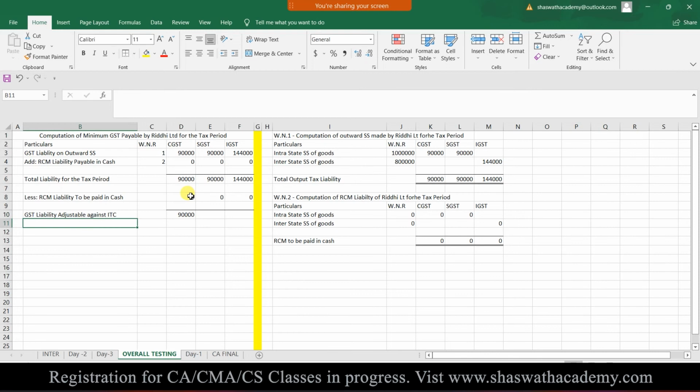This you have to pay in cash. Okay, this is again working note number 2. Probably I would say this is A, and B equals A minus 2. A minus 2 will be your B, and you will be getting these figures.